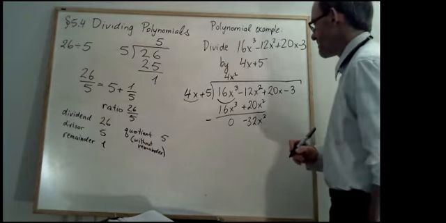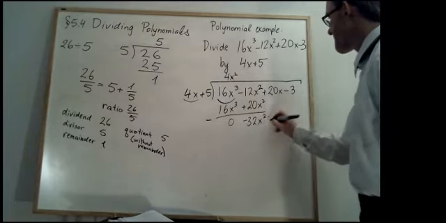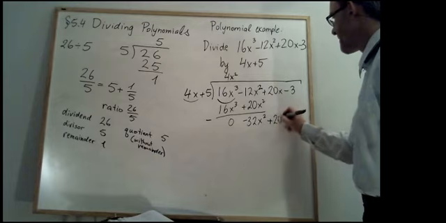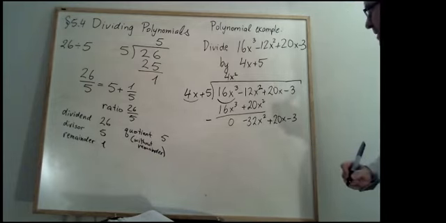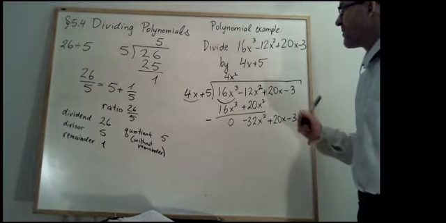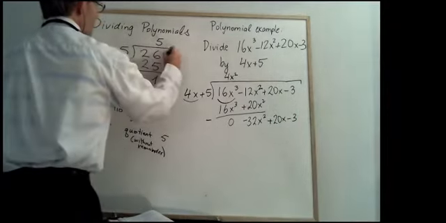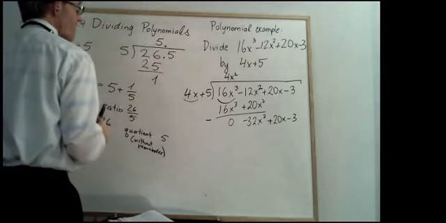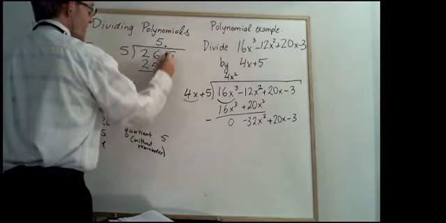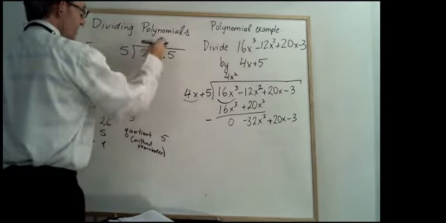All right? So then I'll just bring down the remaining terms here. This is like a remainder so far. Now let's say we had a decimal here, 0.5, and then our process will need to continue.